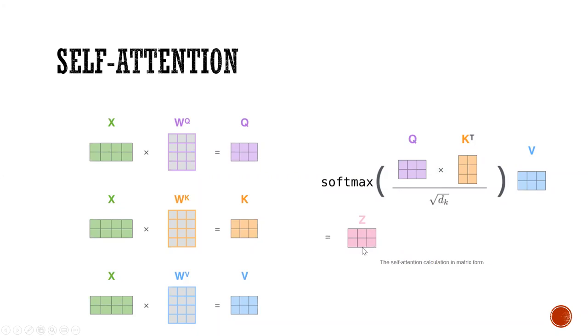That gives you what I would like to call contextual embeddings of the input, because Z considers all the other words in that sequence. So after self-attention, you transform your original embeddings into new embeddings that consider all the other words in the sequence.